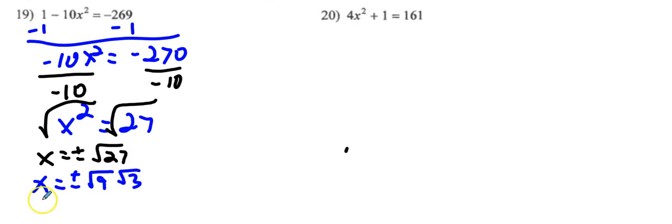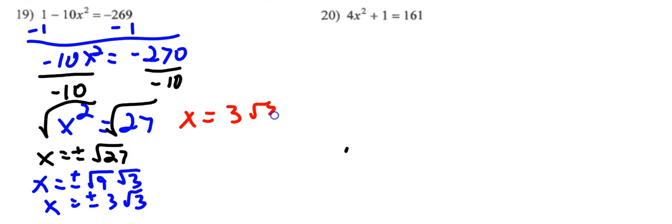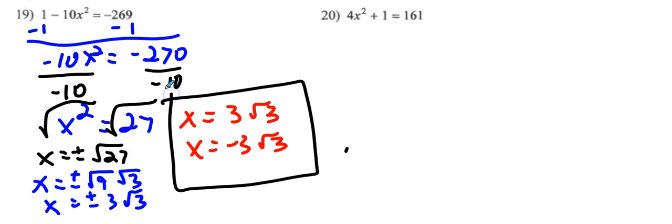The square root of 9 is 3, so that's x equals plus or minus 3 root 3. And then we can write that as two answers over here. And then it's done. We have one more problem on this page, which we'll get to below.